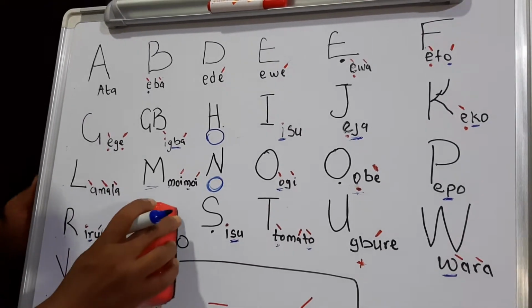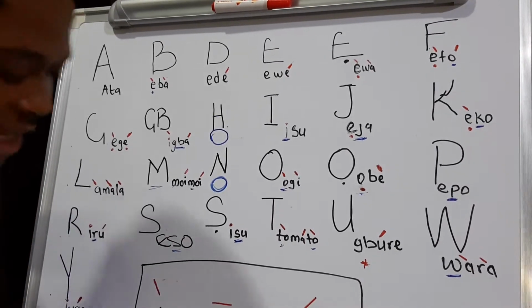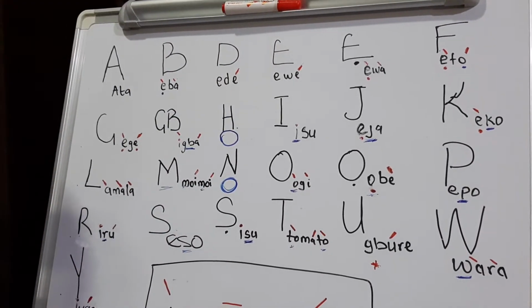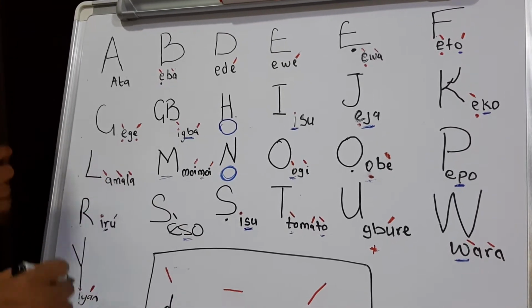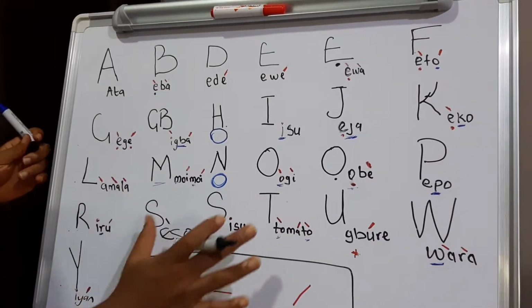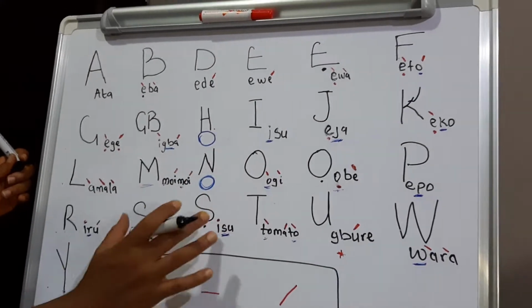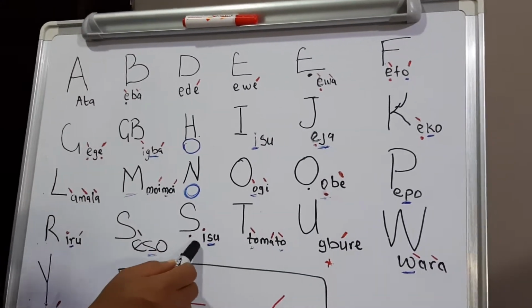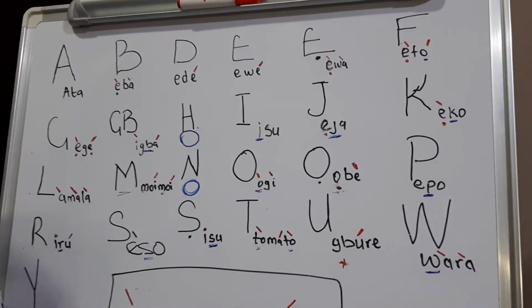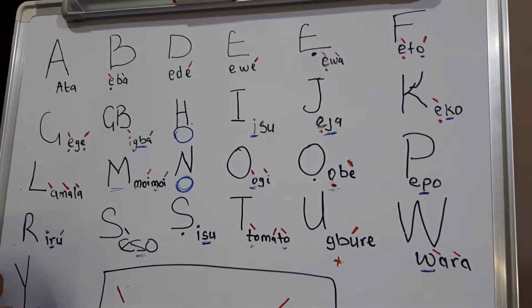A sign looking to the left on the E. Don't forget, your sign will always be on the vowel. Please ignore, in all these words, the main alphabet. Iṣu, re. That's why there's no sound on it.